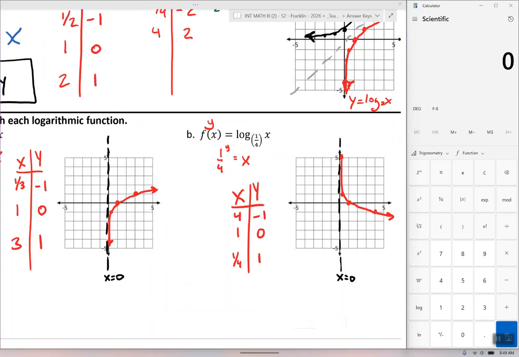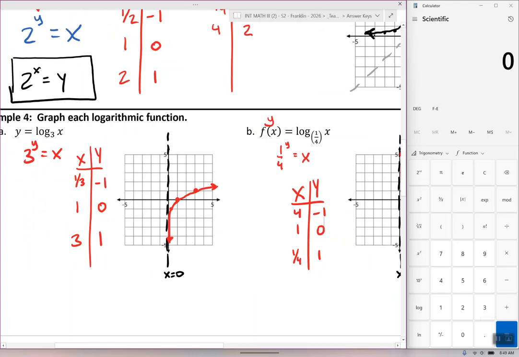This one is a little harder to imagine as the inverse of an exponential decay function, but that would have looked something like this, which is reflected across that middle line. So a little harder to visualize compared to something like example A, which was pretty straightforward.